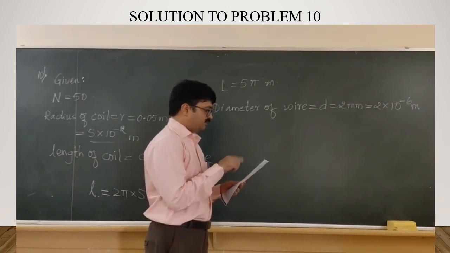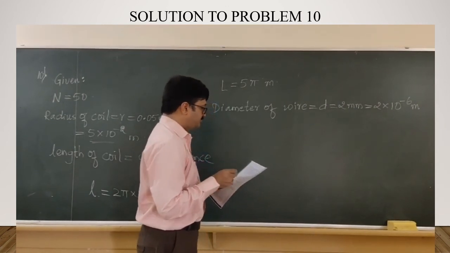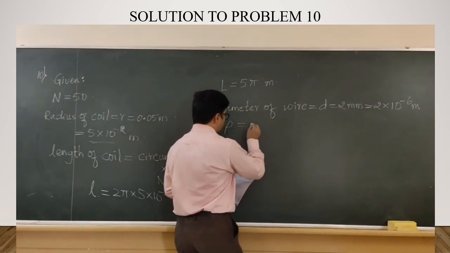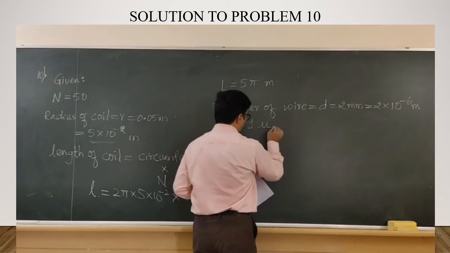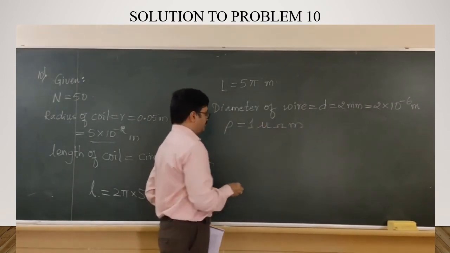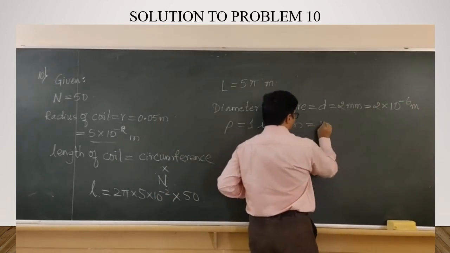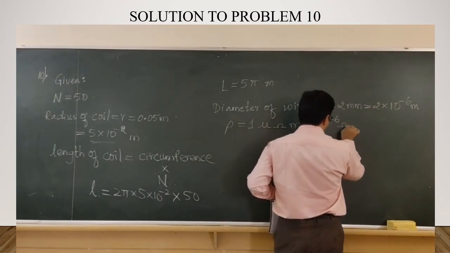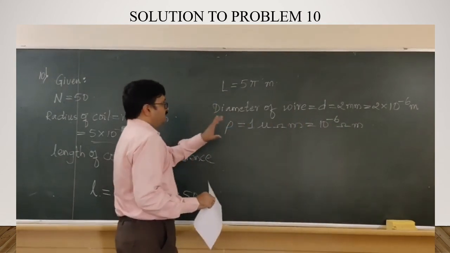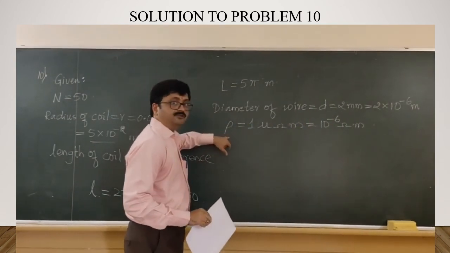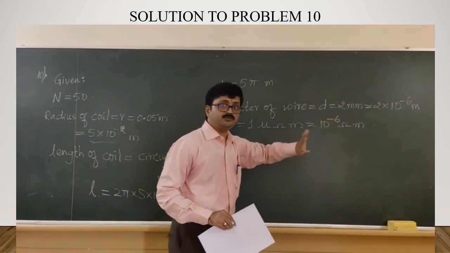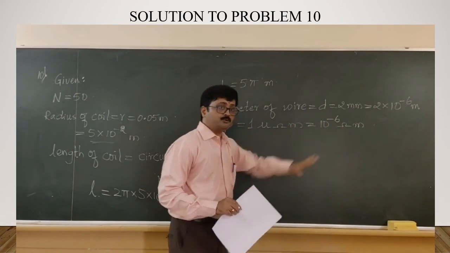Then what else is given in the problem? They have given the resistivity. Resistivity rho is given to us as 1 micro ohm meter, which is 10 raised to minus 6 ohm meter. Fine. Now we have length and resistivity rho, and the area we need to calculate, that is the main thing we are supposed to find, correct?